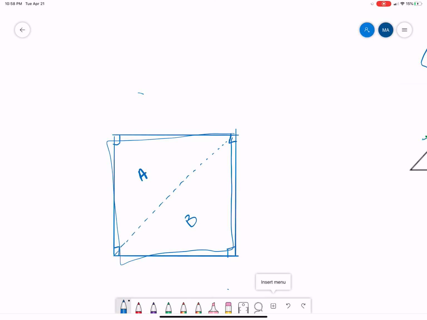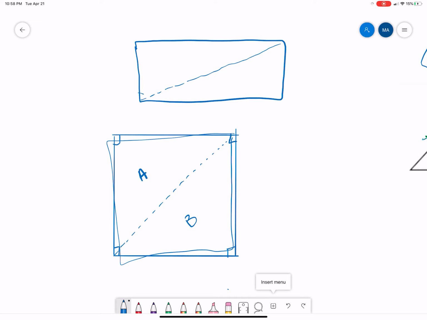But what if I draw something like this? A rectangle. And I cut it into 2 perfect triangles, A and B, and I break them apart. This triangle is 1/2 of the area. This triangle is 1/2 of the area.